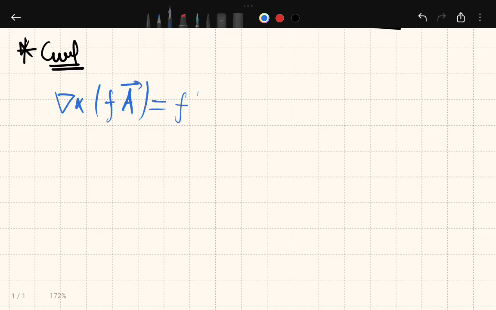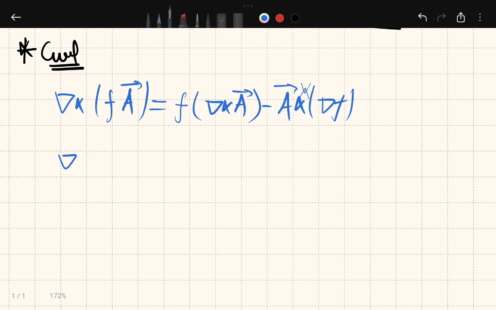What we do is take out f, curl of A vector, minus A vector cross gradient of f.